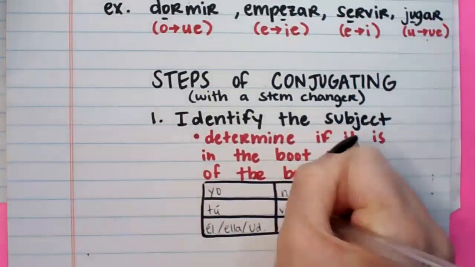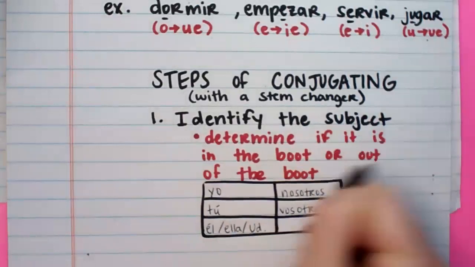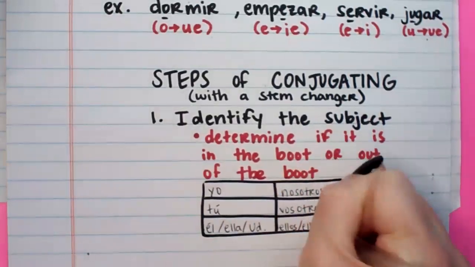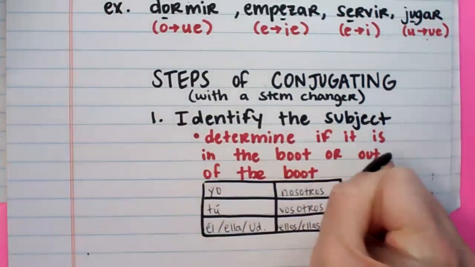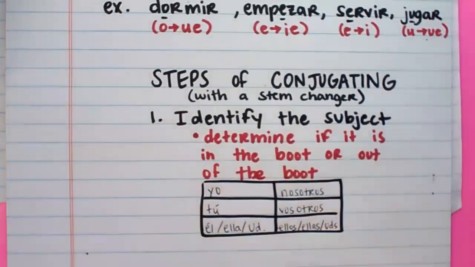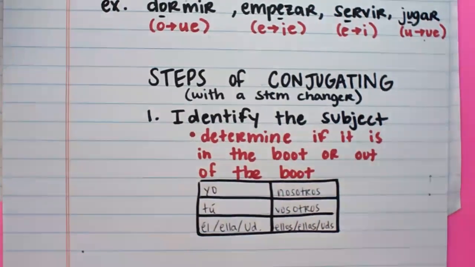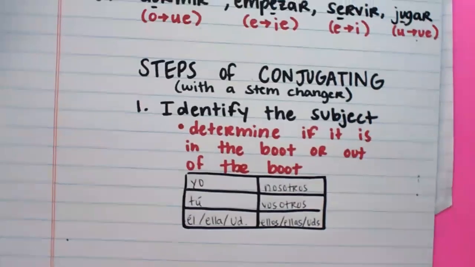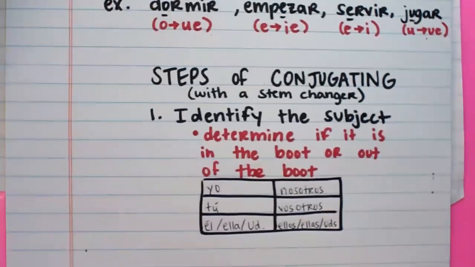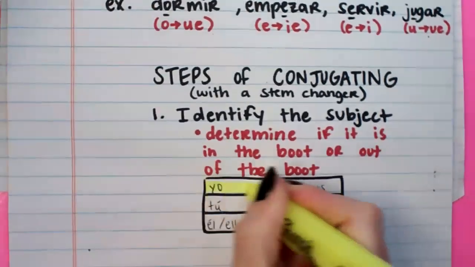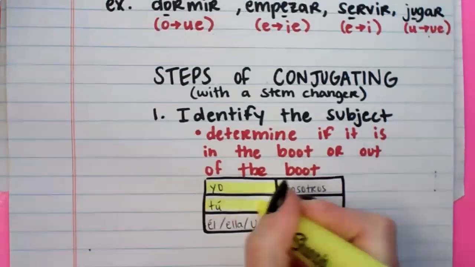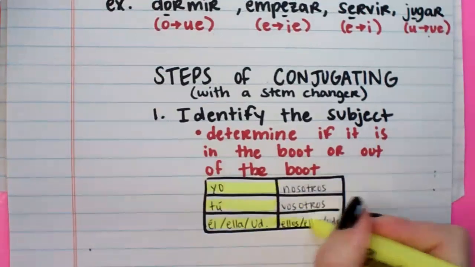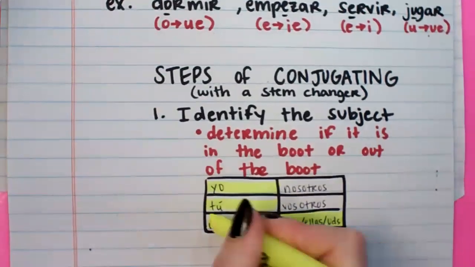The whole purpose of drawing out these conjugation charts is to organize and identify which subjects correspond with which conjugations. And so last week I told you guys the boot is the yo form, the tú form, él, ella, usted, ellos, ellas, and ustedes.